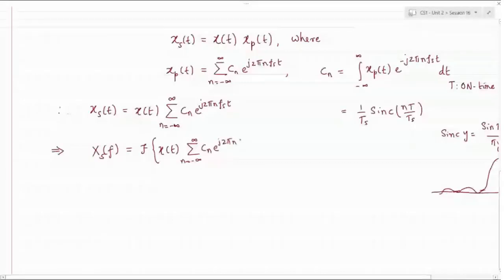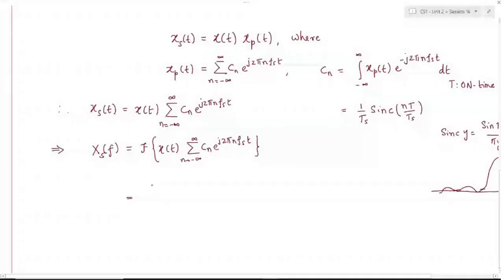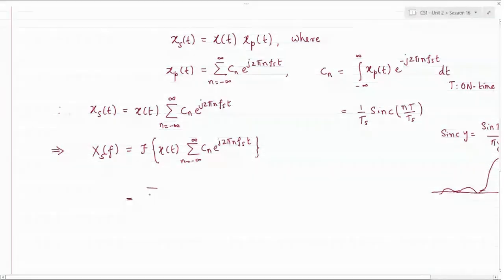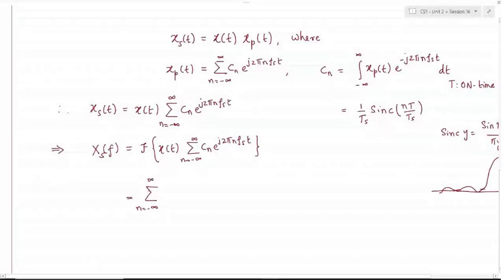Okay, and we know that Fourier transform and summation are linear operators, so we can interchange the operations of summation and Fourier transformation, and hence we can write this Xs of f simply by taking the summation outside, minus infinity to infinity.